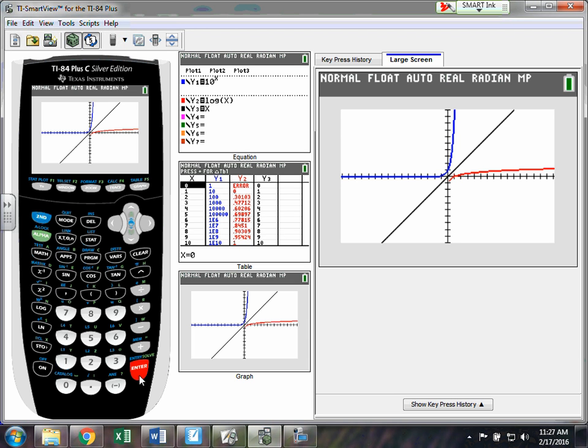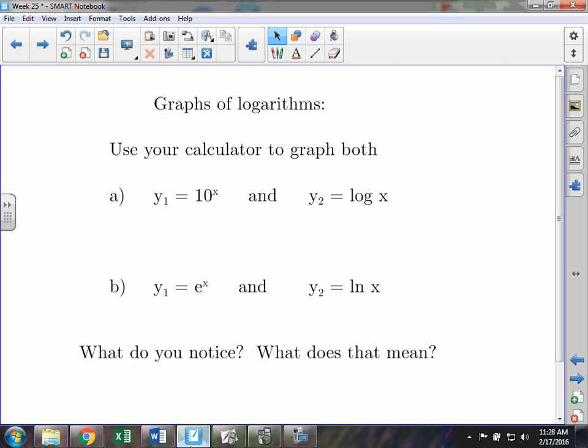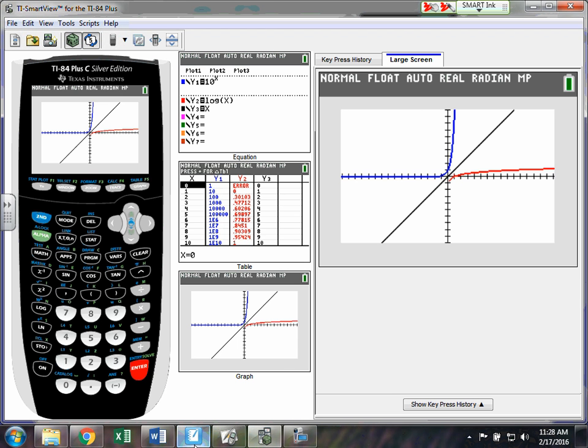One of the reasons I wanted to point this particular piece out, there is an artifact going on with your graphing calculator right now. In particular, you notice with the blue with 10 to the x that we have a horizontal asymptote.